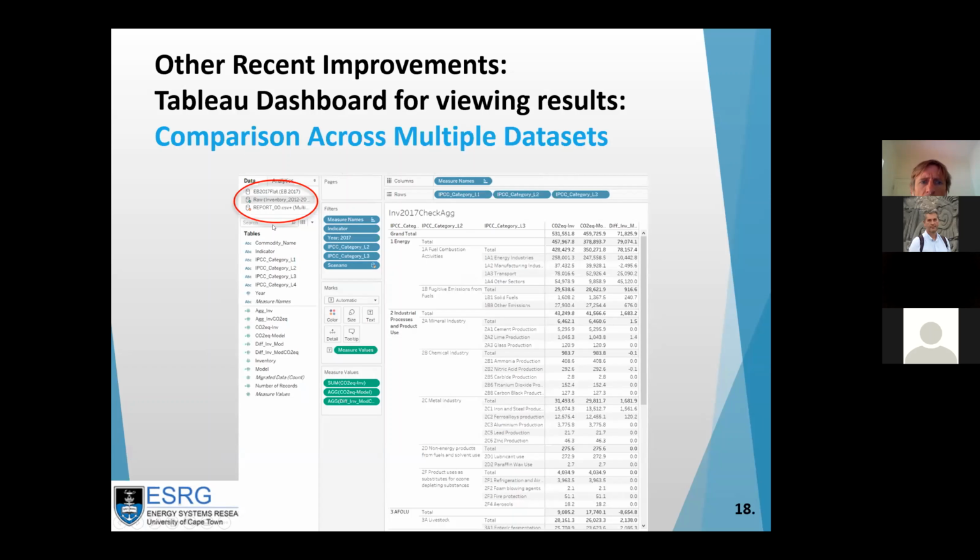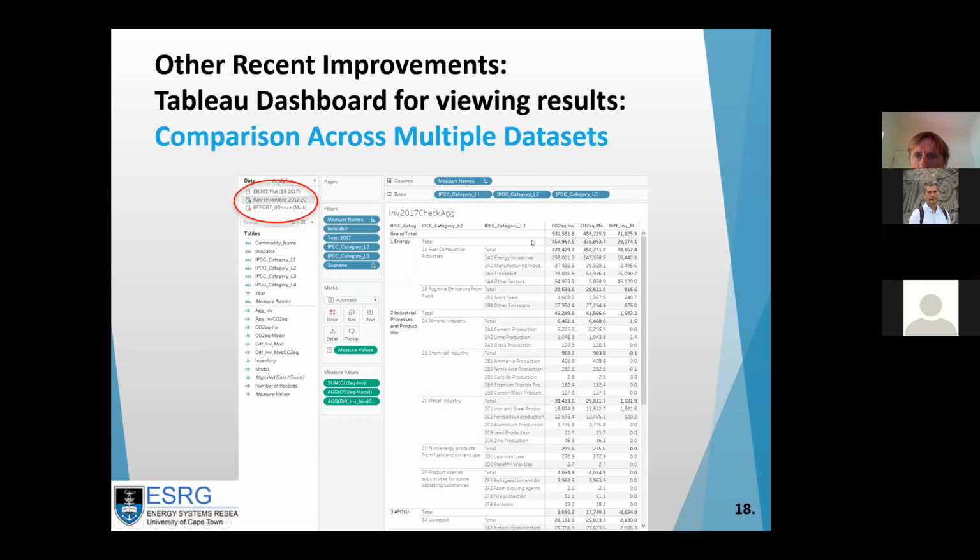In the same data sets, we've got the results from the SATIMGE models, which is the CG and energy model results in one data set. And then we have the inventory data set and the energy balance data set. So we're able to combine those different data sets, for example, here doing a comparison of the CO2 emissions for different IPCC categories between what's coming out of the model and what was in the inventory.